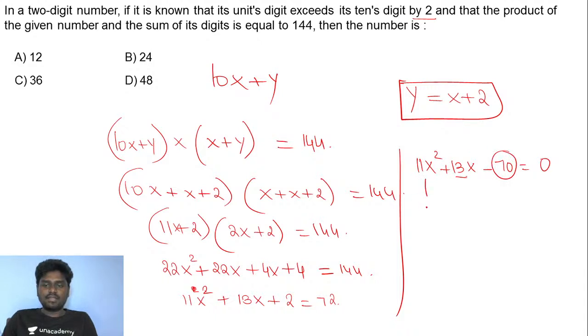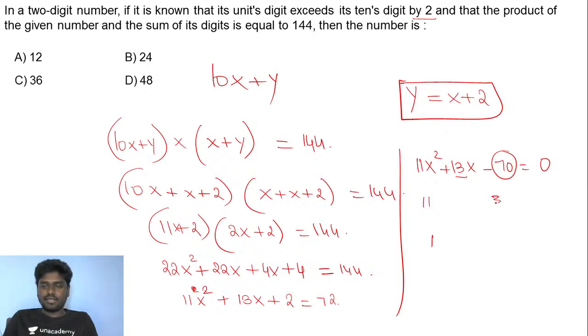So first, let me write this 11 as 1 into 11. I'll try to do this with the cross method, to get the factors of the quadratic equation, the quadratic roots. So let me write it as 11 into 1, and 70, can I say it is 15 into, not 15 exactly, 14 into 5 gives you 70, but you will not be getting it.